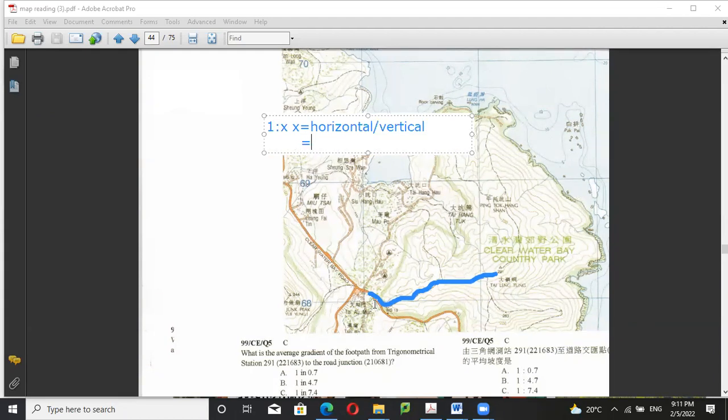I think right here is 140, isn't it? Let me check another one. 160, because the other one shows that it is 160. So for the vertical, it should be 291 minus 160. How about horizontal? Let me calculate this first. How much is it? It should be 131, isn't it? My math is poor.